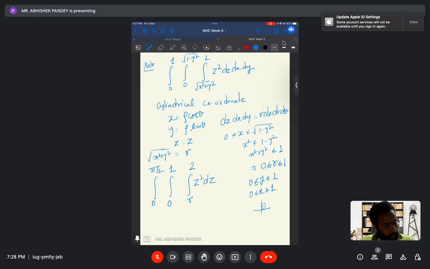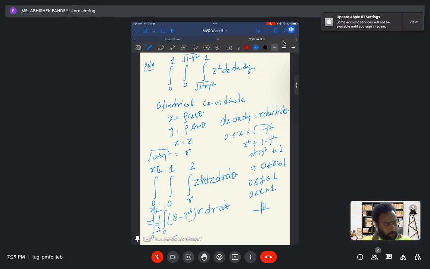Okay, dz dr d theta, and this is nothing but z cube by 3, so 1 by 3 into 8 minus r cube, this is r into r dr, 0 to 1, 0 to pi by 2 d theta.